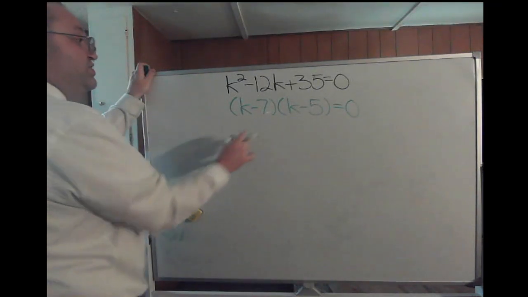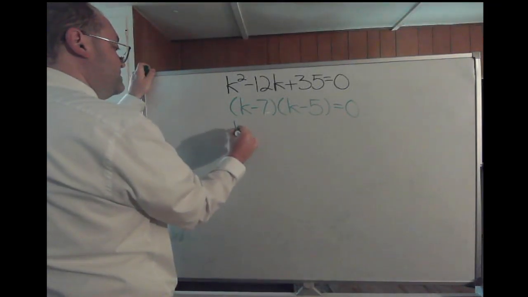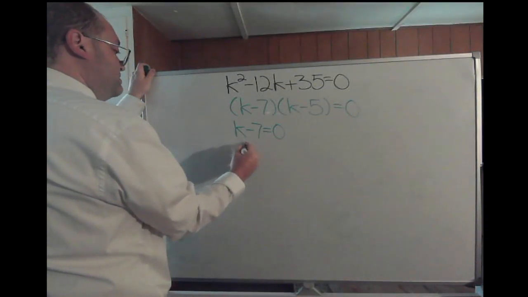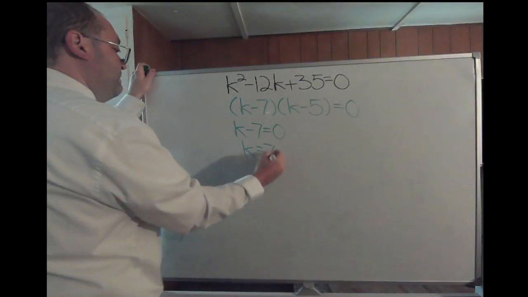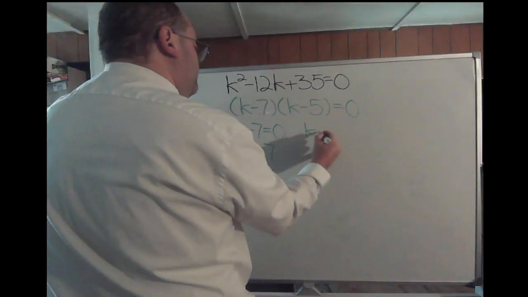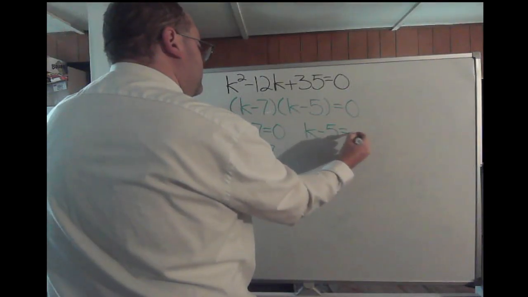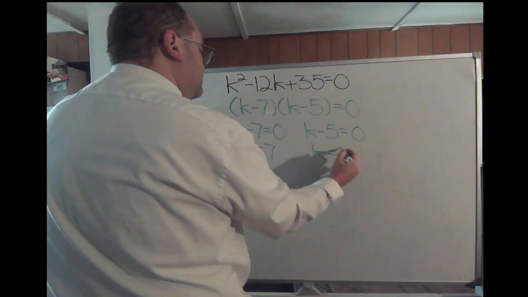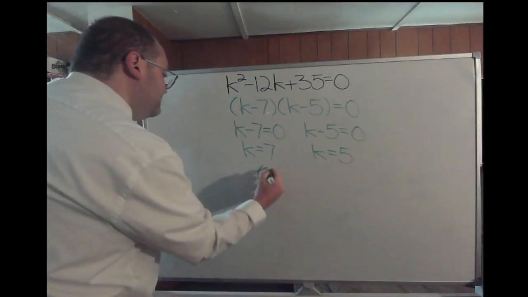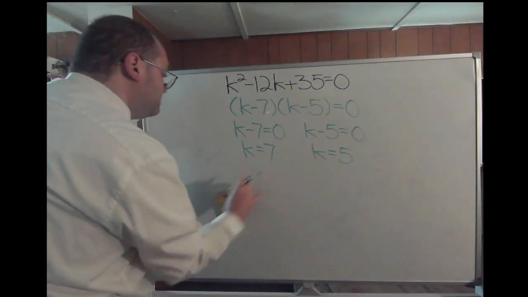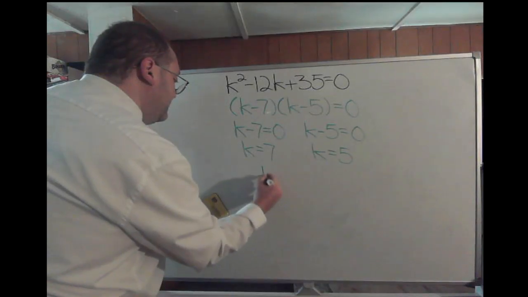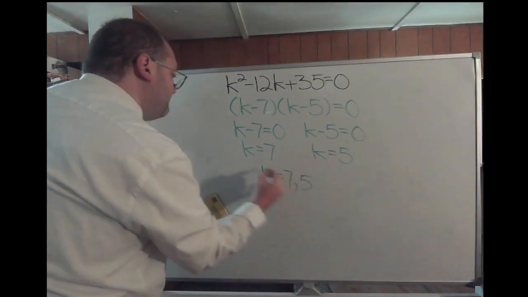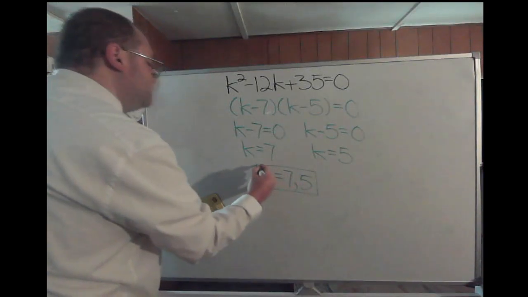Now you just take each of your factors, set those equal to 0. k minus 7 equals 0, so then k equals 7. Then you have k minus 5. Set that equal to 0. So k would equal 5. So the two values of k that you should get would be k equals 7 and 5. Those are the two values of k.